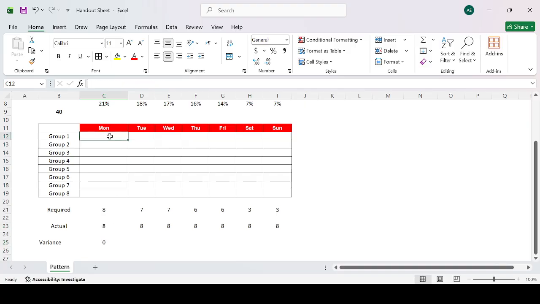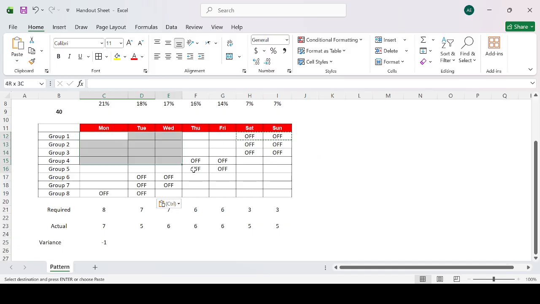Let's delete this off and let's right now distribute the off days. Again, we said that each group is supposed to be having 2 days off. So let's assume that group 1 will be off on Saturday and Sunday. And let's just distribute the off days without any logic, just scattering them like that.